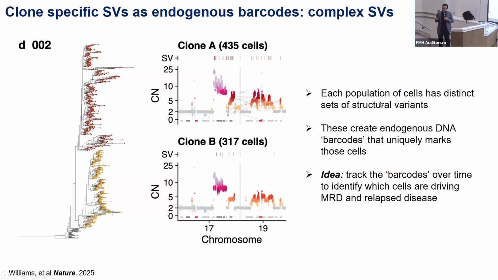The idea here is that we could potentially exploit this, because this suggests they create endogenous DNA barcodes, fingerprints that uniquely mark those particular clones. The principle we tried to exploit is that we could track these barcodes over time in the cell-free DNA to identify which clones are patterning drug resistance. All right, that's the idea.